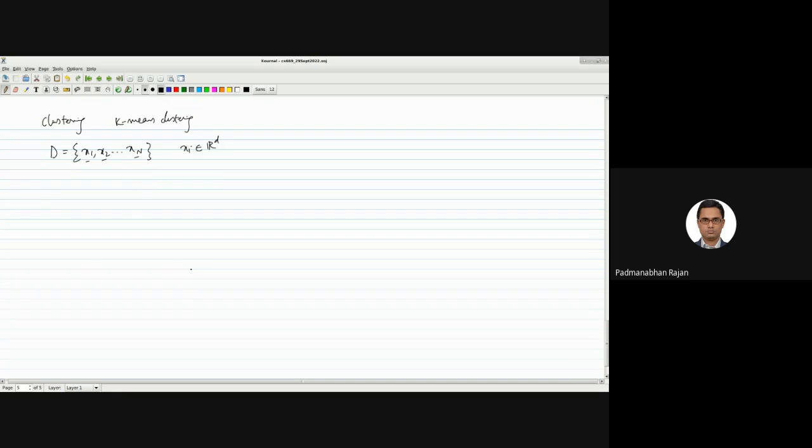In k-means clustering, given these n points, we want to group them into k clusters, and we assume that k is known. Somebody already tells you that there are k clusters.